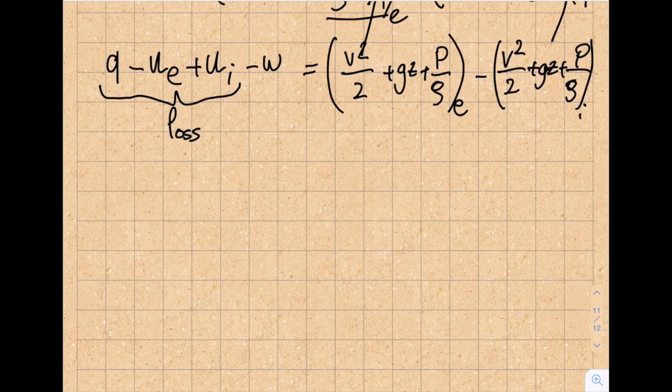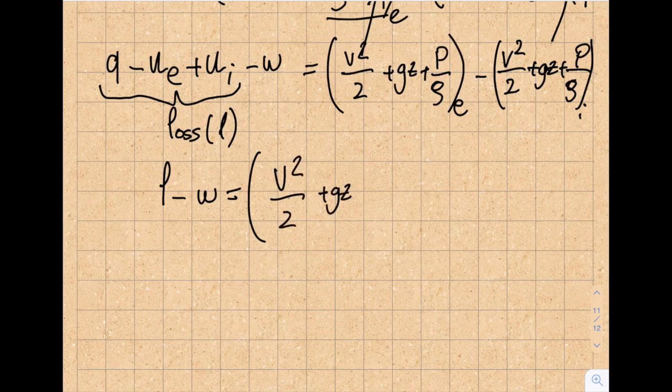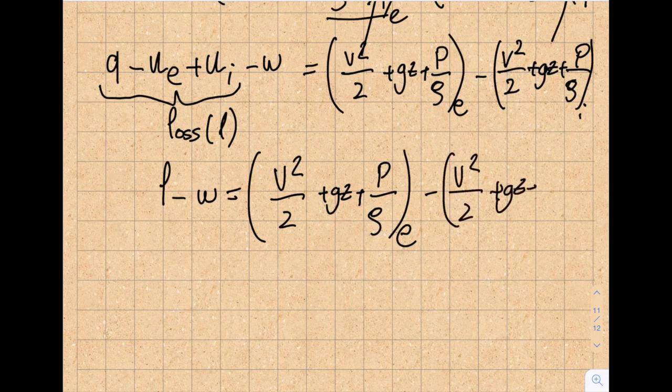We just discussed that the unit is joule per kilogram, so it is per unit mass, most of the time due to friction. I will have a loss in my system. So let's call this L, and I get L minus W will be equal to V squared over 2 plus GZ plus P over rho at the exit minus V squared over 2 plus GZ plus P over rho at the inlet.